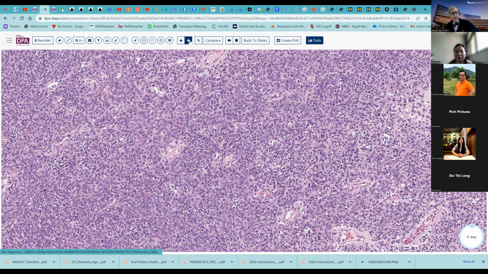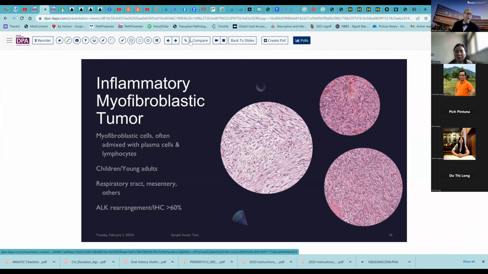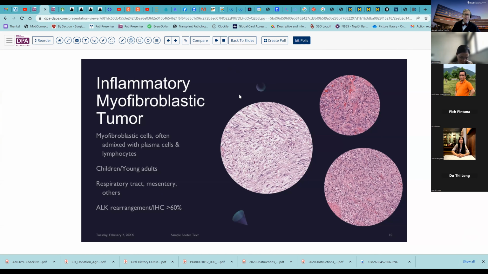Okay, well, moving on a little bit, this is a tumor that I think is very interesting because, again, this is something that can occur in a very wide range of sites. Originally, this was called inflammatory pseudotumor, but it's been recognized now that this tumor oftentimes has an ALK gene rearrangement and some clonality and can recur or become aggressive.